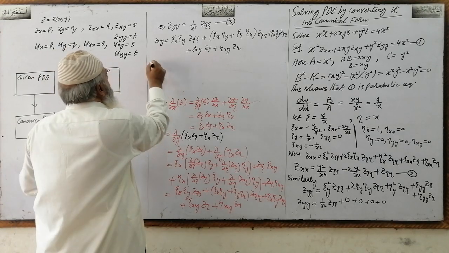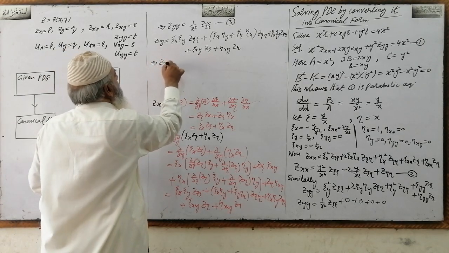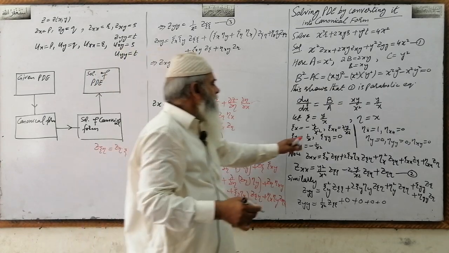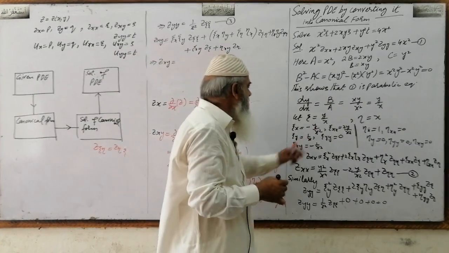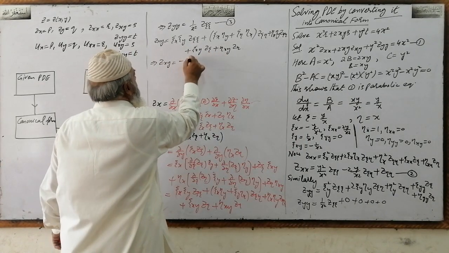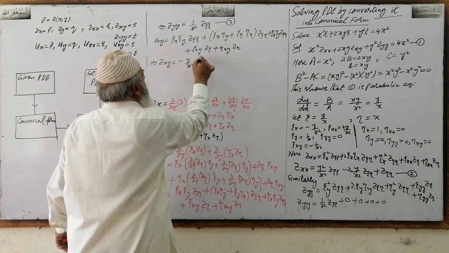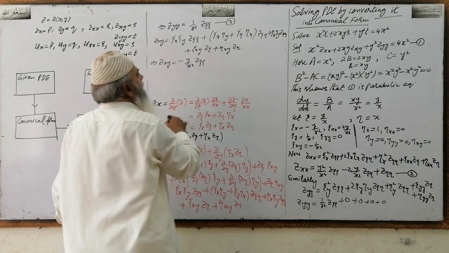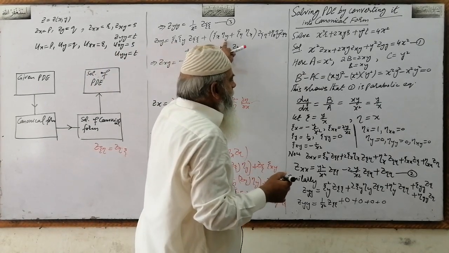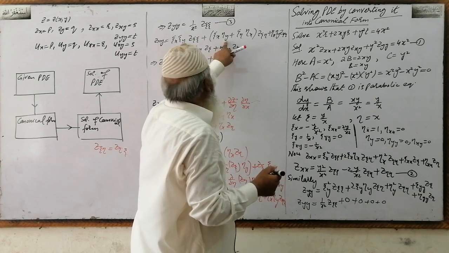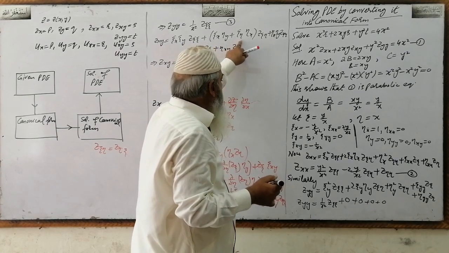What is the value of ξx? Minus y over x square. And what is the value of ξy? This will be minus y over x cube. Am I right? Z double ξ. From here ηy is equal to 0, therefore this will vanish.